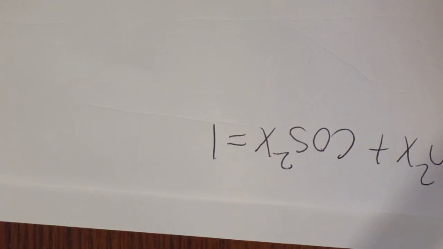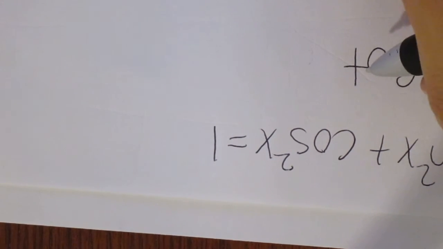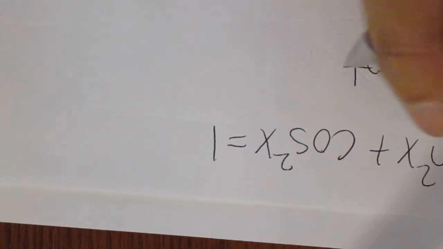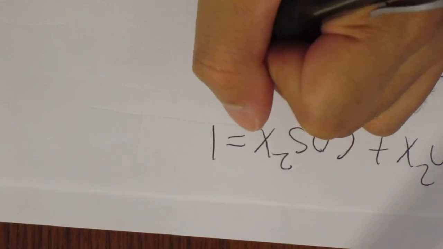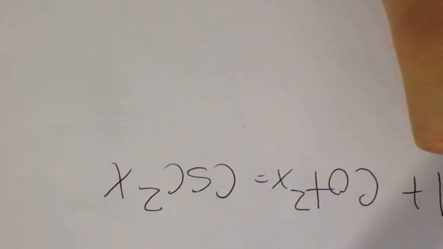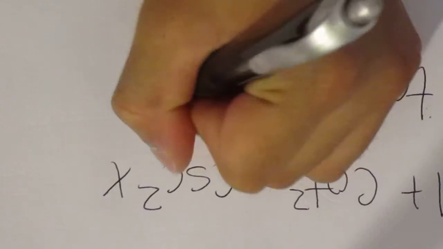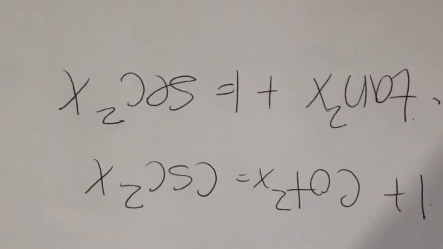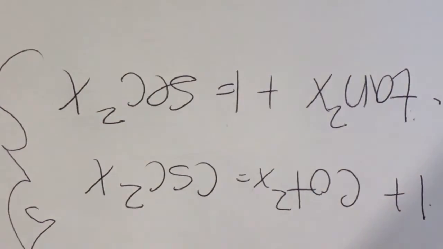Another one is 1 plus cotangent square x equals cosecant square x. And then we have tangent square x plus 1 equals secant square x. Here are 3 identities, but there are actually more; these are just the 3 main ones.